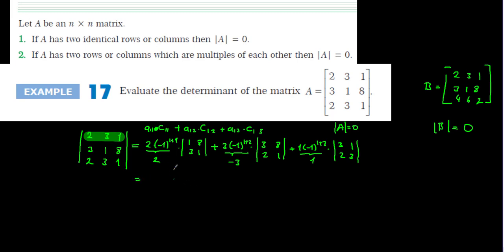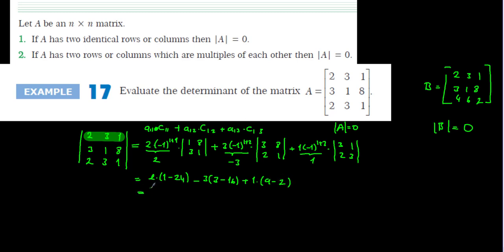And then here, it's going to be equal to 2 times the determinant 1 times 1 minus 24, and minus 3 times the determinant 3 times 1 minus 2 times 8, which is equal to minus 13, and the last one is 1 times 3 times 3, 9, minus 2 times 1, which is equal to 7.